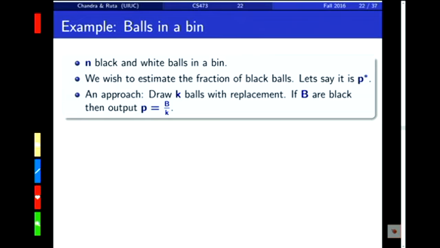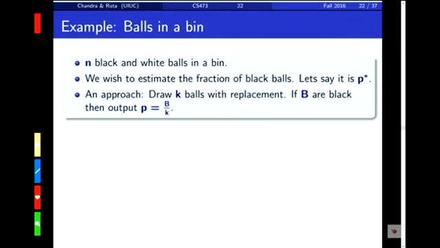Again sample, again look at the color, put a bar if it is black, put it back, and then count the number of bars. Now I want to do as good an estimate as possible. Suppose I sampled k, and out of that b are black, then I'm going to say p is b over k. That's a good enough strategy, right?